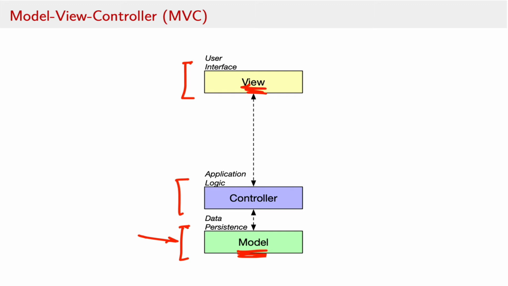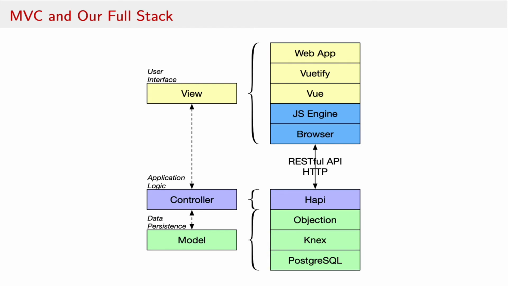So the controller, and that's kind of implied in its name, and again in a generic sense, its job is to mediate the interaction between the view and the model, between the user and the database in a simple sense. So let's take a look at how that maps into our application architecture.